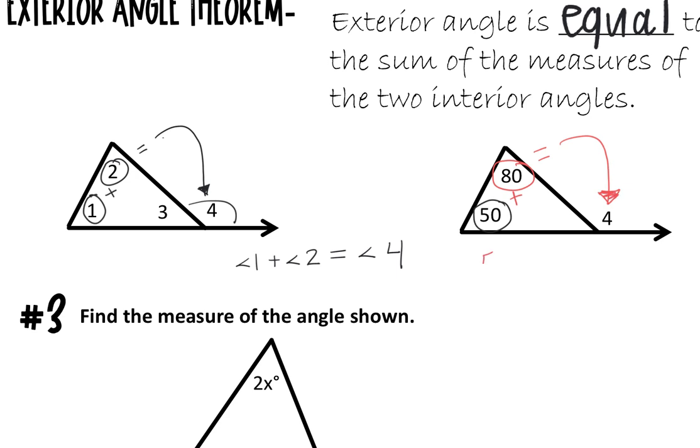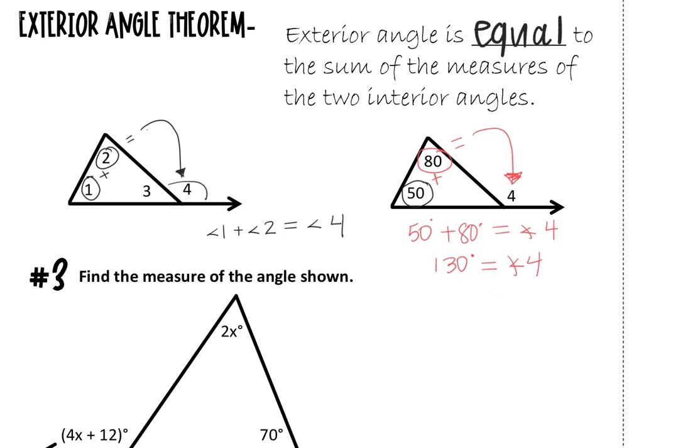So if I do 50 plus 80, use your calculator, but it should be 130. So 130 degrees, because each part is degrees, is equal to whatever angle 4 is. And this is my answer, that angle 4 is 130 degrees.